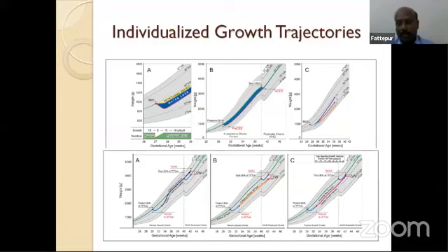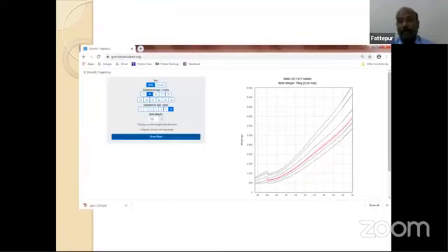So they have done this study, and they have given an individual growth trajectory for each child. Once they have given the app, we just have to enter the sex of the child, the gestational age, the gestational age at which we are plotting the chart, and the weight.